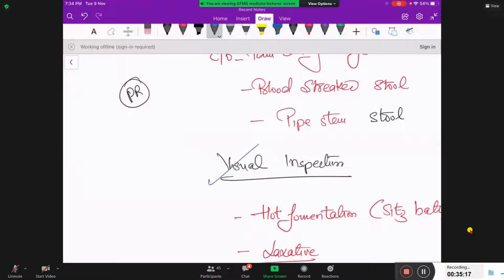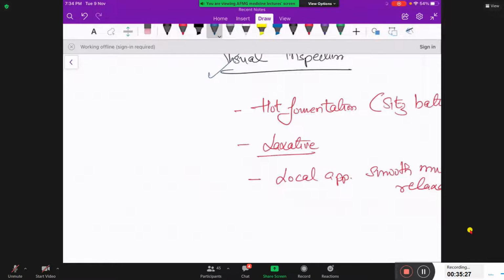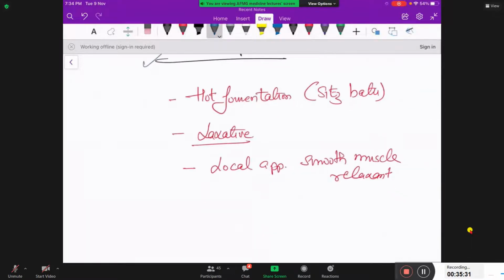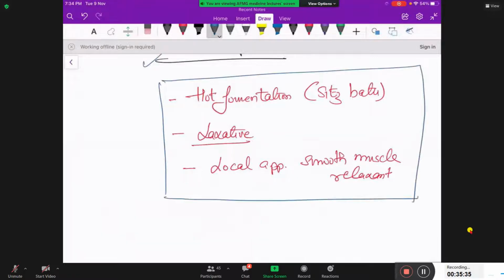So please be careful. If a sentinel tag is provided to you in a given clinical profile and the patient has an acute presentation corresponding to fissure in ano, the management is going to change, because then this management alone will not be sufficient.